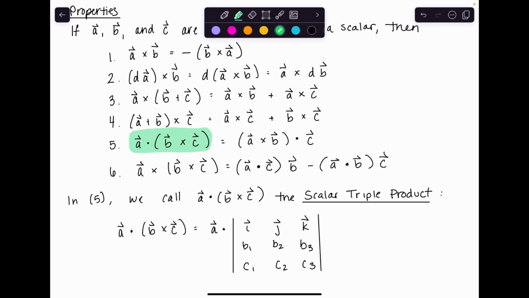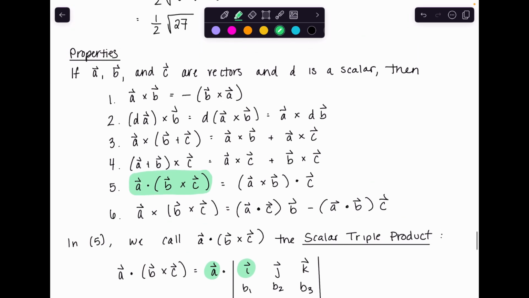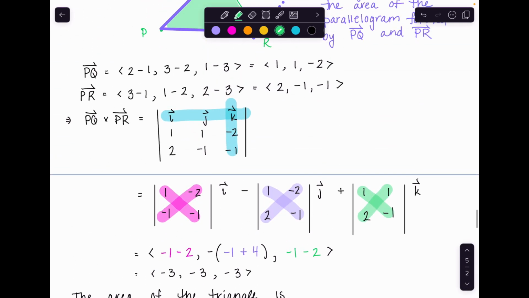So really what ends up happening is when you do this dot product, A1 is going to be dot product with the result of the I component of that cross product. So if I go way back up here, you get this matrix and you're going to times it by A1. You get this matrix and it's times A2.